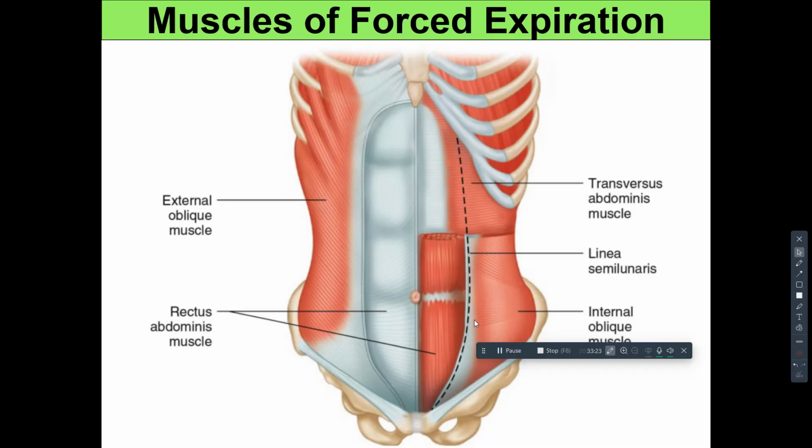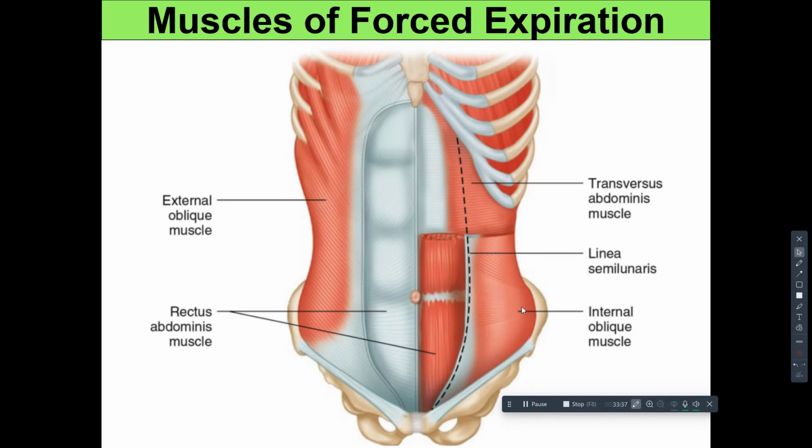particularly abdominal muscles, my rectus abdominis, my transverse abdominis, my oblique muscles. All of these muscles are going to compress my abdomen. And if I compress my abdomen, I'm squeezing the organs in there, especially my intestines and my stomach, and those organs are basically pushed upward and they smack into the diaphragm and push the diaphragm up.